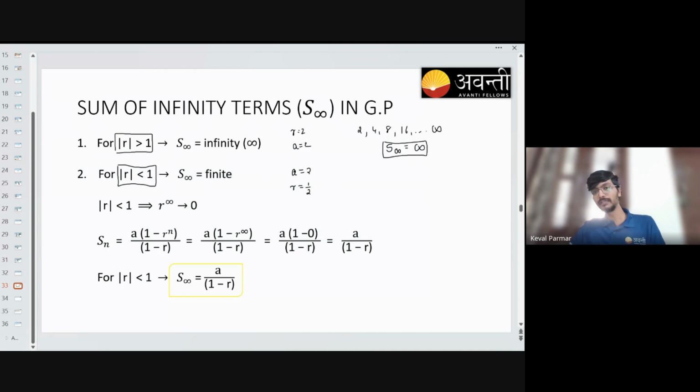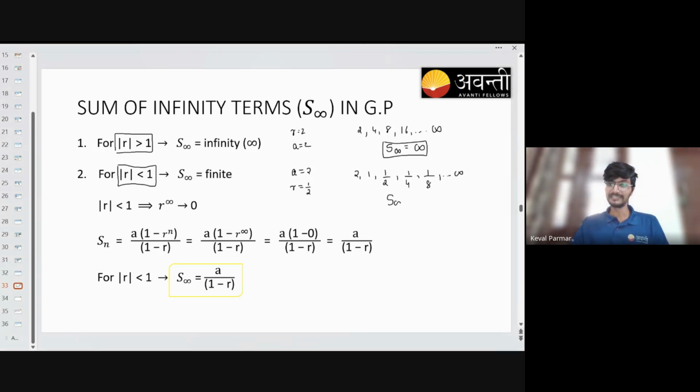The GP will be 2, then 1, then 1 by 2, then 1 by 4, 1 by 8 and so on. In this second GP, the terms are getting reduced. First it was 2, then half of it, then half of half, so the terms keep reducing.